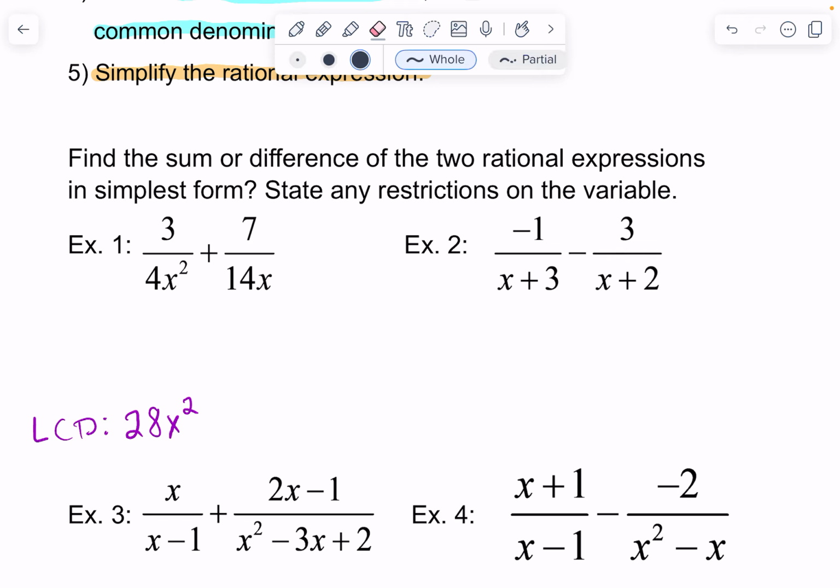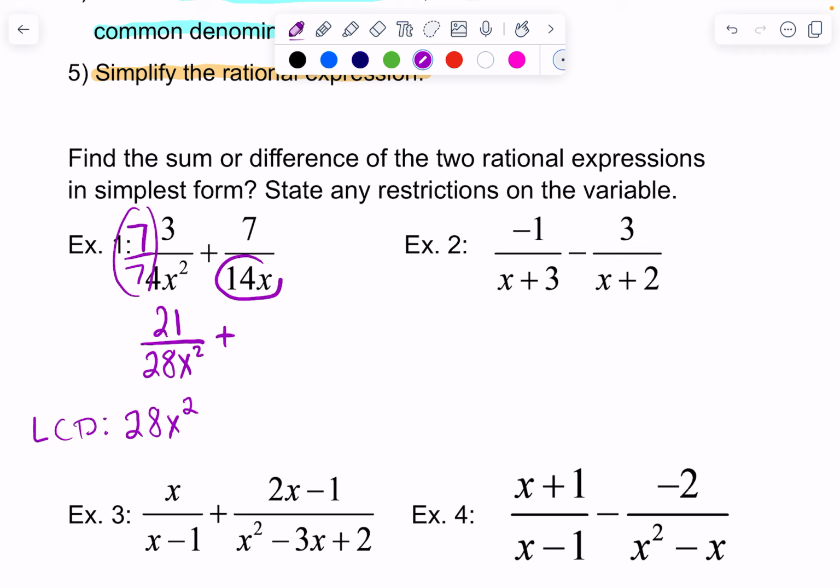And you got it. You just need to simply multiply a 7 to both numerator and denominator, giving me 21 over 28x squared. Plus, what am I missing over here in this second rational expression? What do I got to multiply to 14x to make it look like 28x squared? You got it.